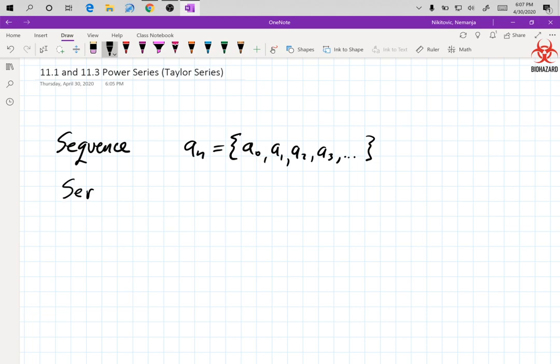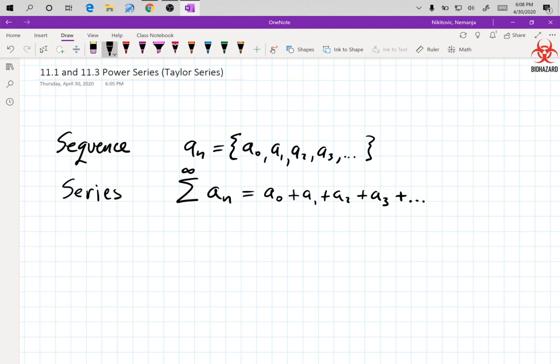Then we dealt with a series, which was the sum of the sequence, particularly infinite series: a_0 plus a_1 plus a_2 plus a_3 plus ... going forever.